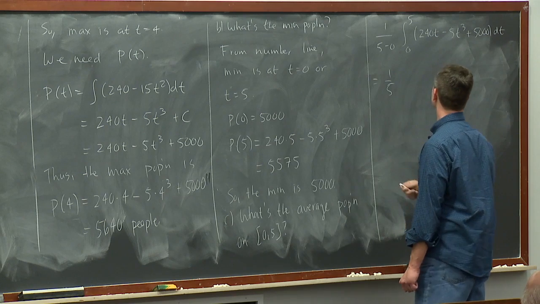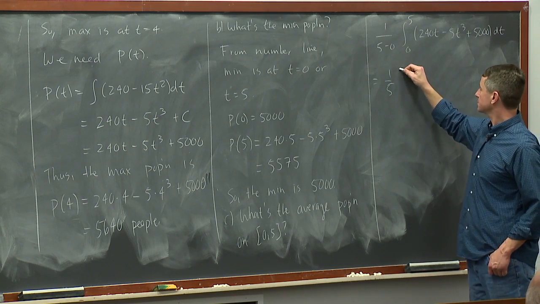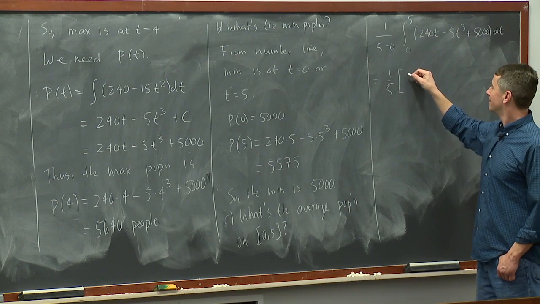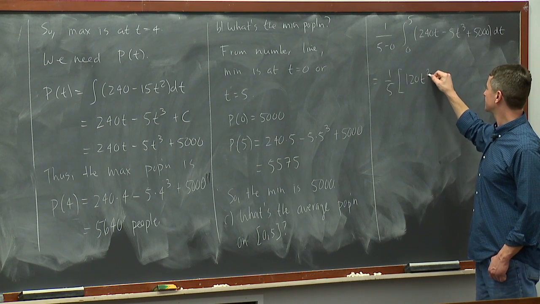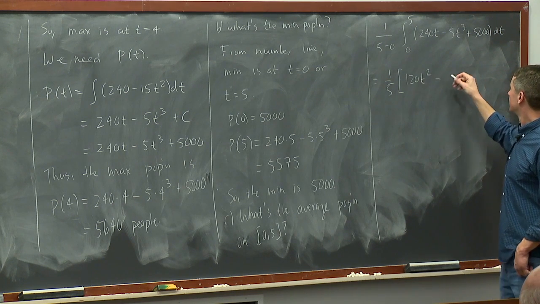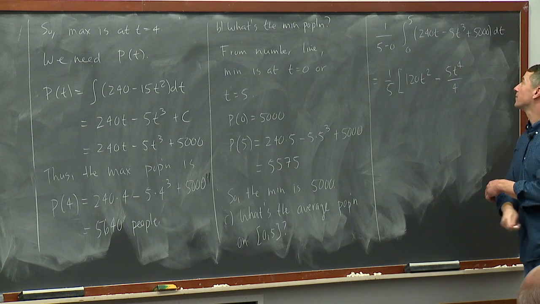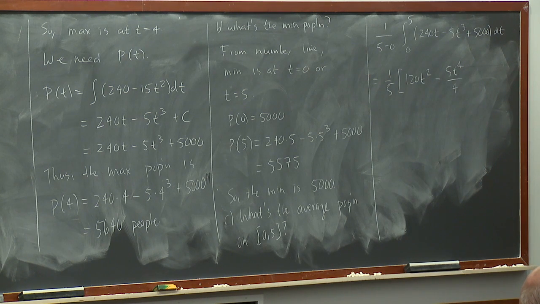But that's okay. We're good at integrating now, right? What's the integral of 240t? 120t squared. 5t to the 4th over 4. And what's the integral of 5,000? 5,000t.